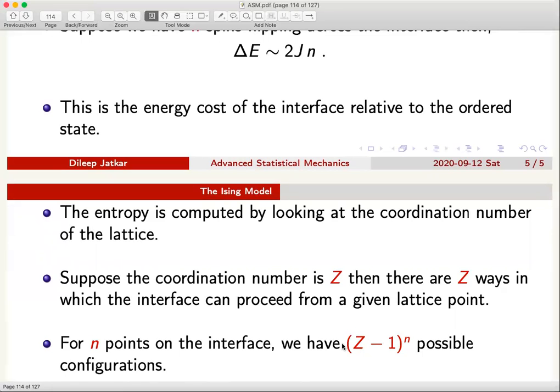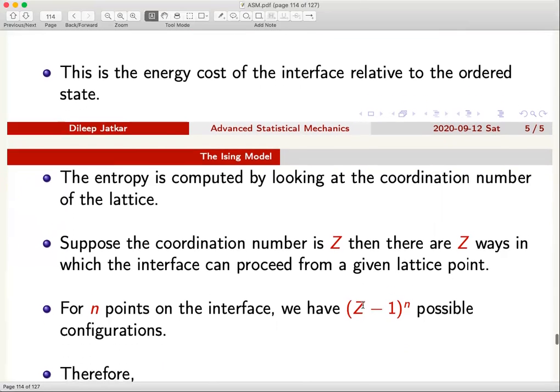So at every point you have z minus 1 such directions available for your interface to go. It arrives at this point, and out of z minus 1, it picks any one direction to move. If you have n points on the interface, then the number of possible configurations is basically z minus 1 to the n.